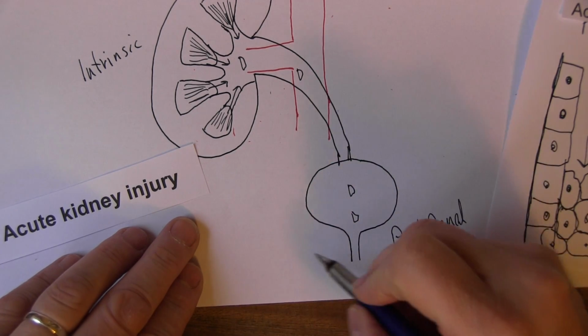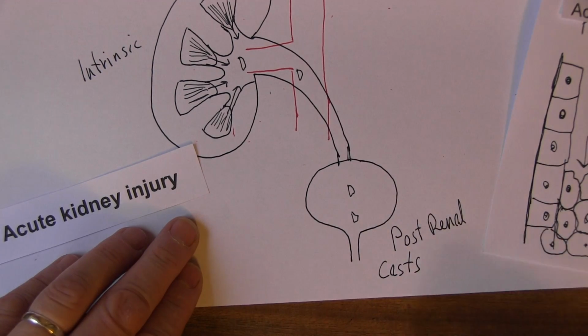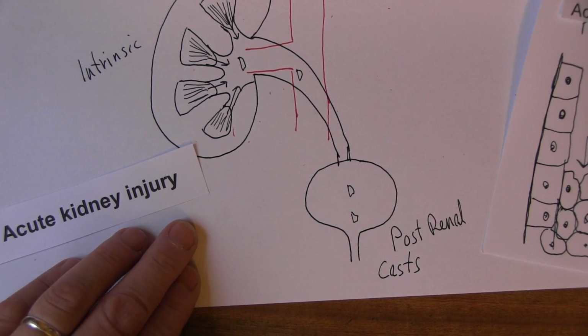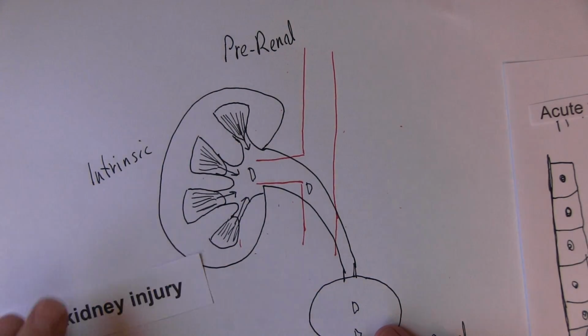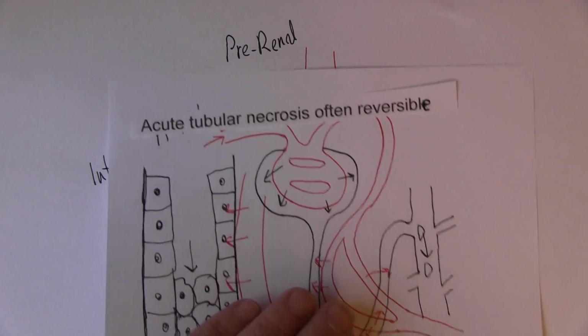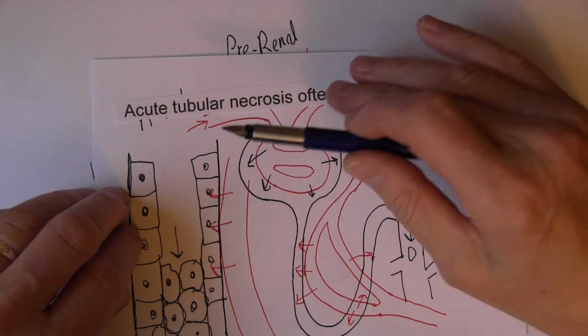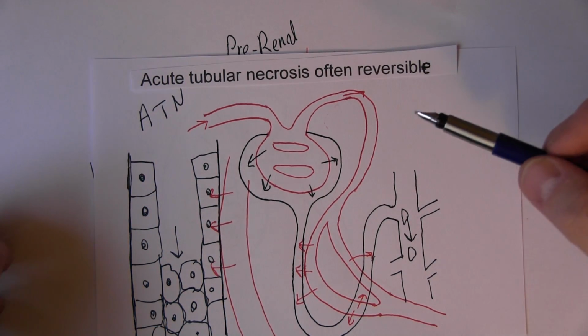And we can actually see them because it causes what we call casts, because they maintain the shape of the tubule as the acute tubular necrosis reverses. But of course it will only reverse if we restore the blood flow, if we restore the volume by correcting the hypovolemia.